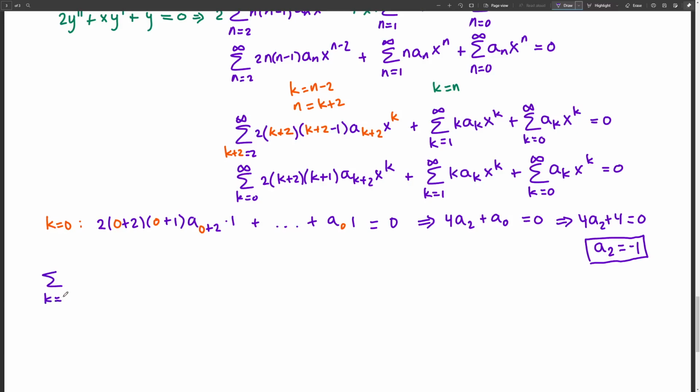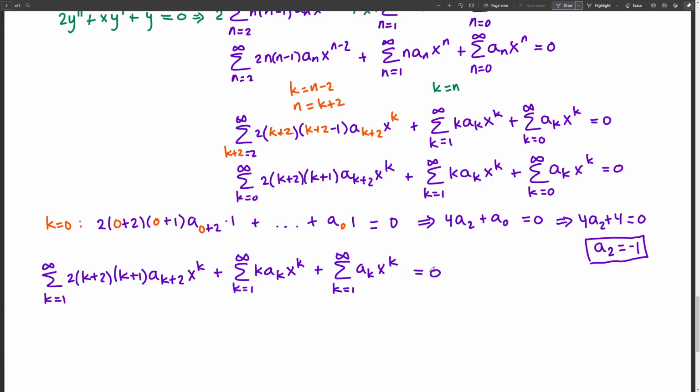So we're looking at the sum from k equals 1 to infinity of 2 times k plus 2 times k plus 1 times a sub k plus 2 times x to the power k, plus the summation from k equals 1 to infinity of k times a sub k times x to the power k, plus summation k equals 1 to infinity of a sub k x to the power k, and that equals 0.